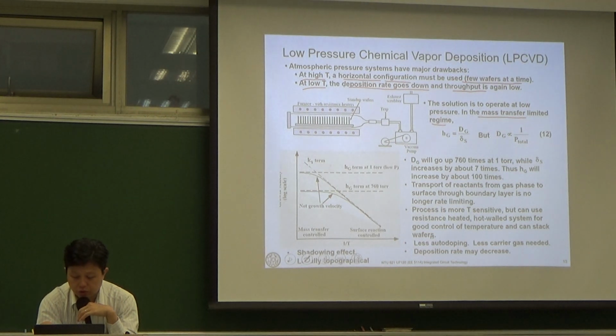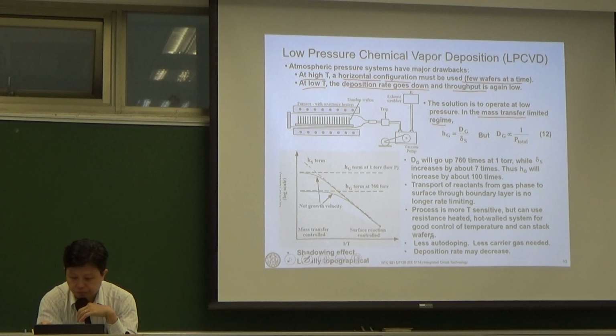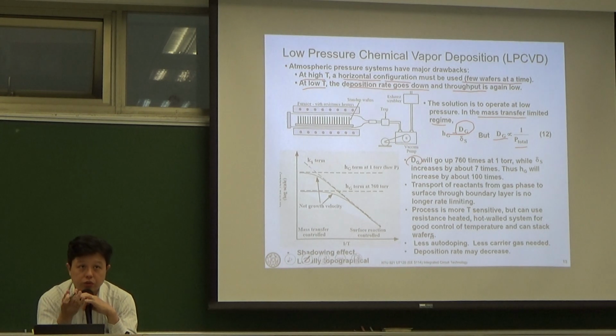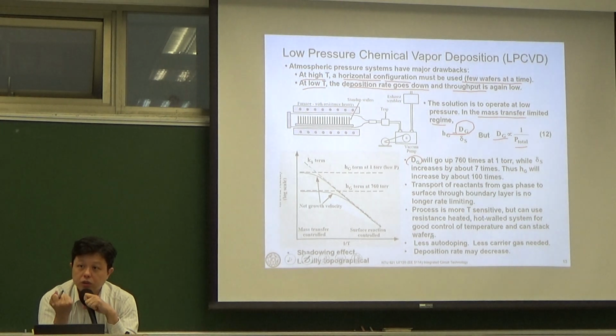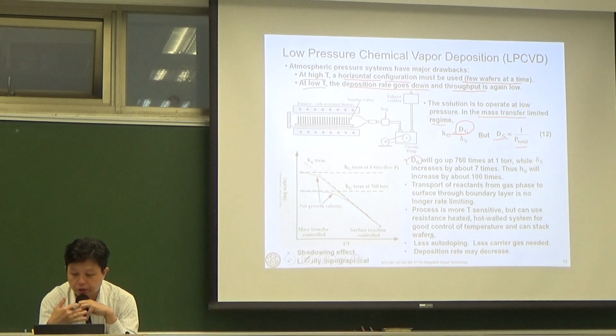If you reduce the pressure from 760 torr to 1 torr, your D_G is inversely proportional to P_total. So that's the diffusion constant. Because at lower pressures, you have fewer molecules, so you have fewer collisions. So you can actually provide a longer mean free path for your molecules to travel.